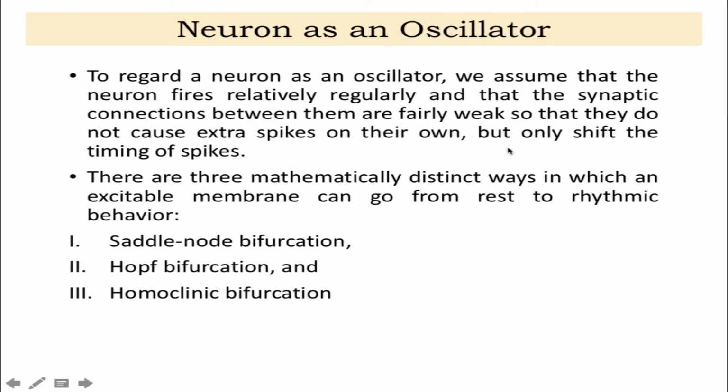As I told you, this type of oscillator can be modeled mathematically in terms of three different types of bifurcations: saddle node, Hopf bifurcation, and homoclinic bifurcation. But out of them, mostly our discussions will be for the first two cases, that is the saddle node and the Hopf bifurcation.